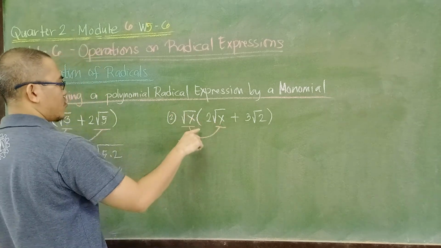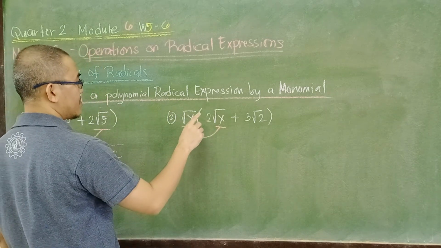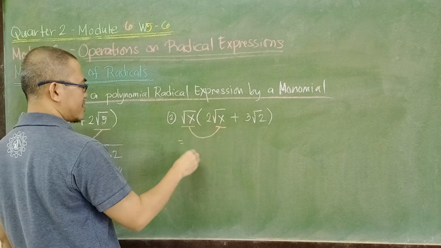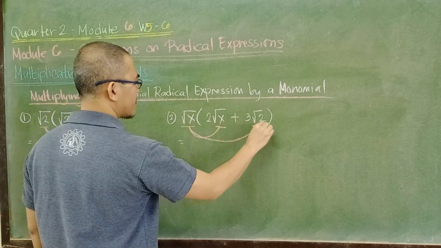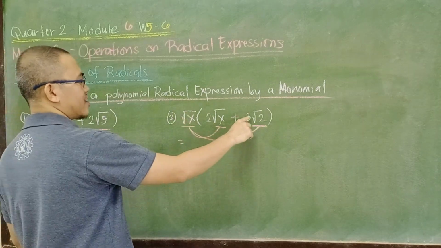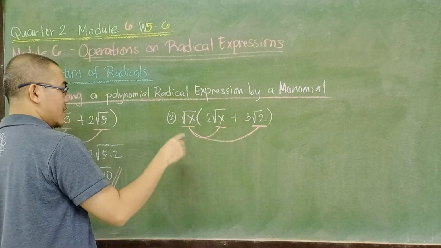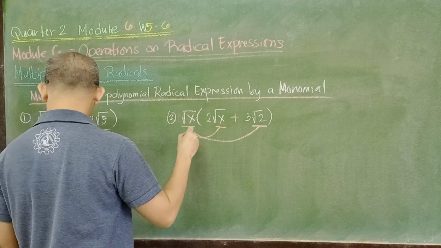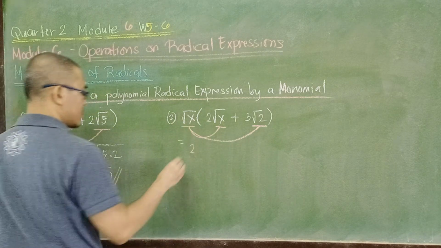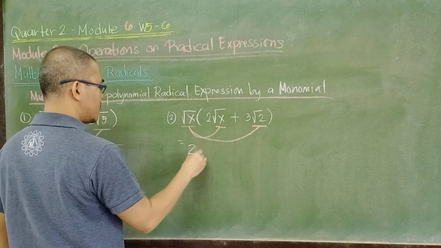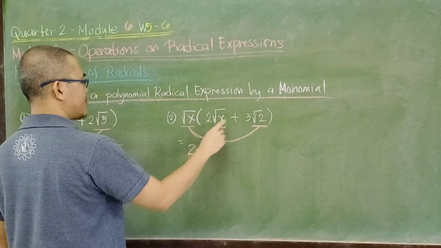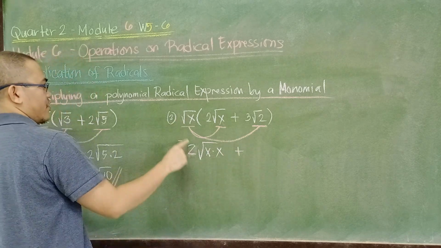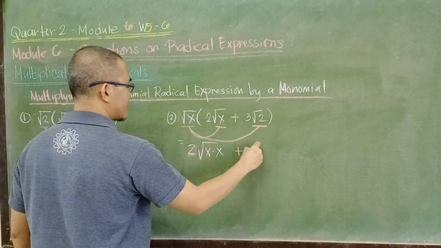I-multiply natin yung x squared sa 2x squared, 2 square root of x, i-multiply sa 2 square root of x, and then yung square root of x, i-multiply sa 3 square root of 2. So, 1 times 2, we have 2. 2 square root of x times x, you have x times x, plus square root of 1 times 3, that is 3.